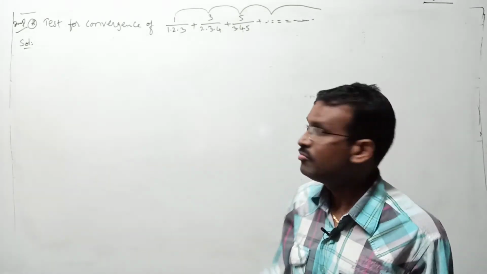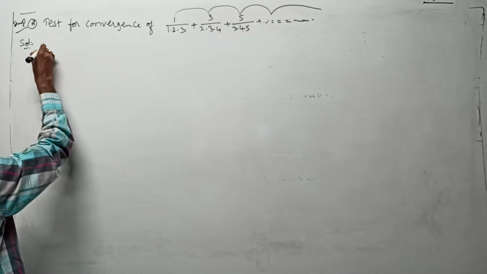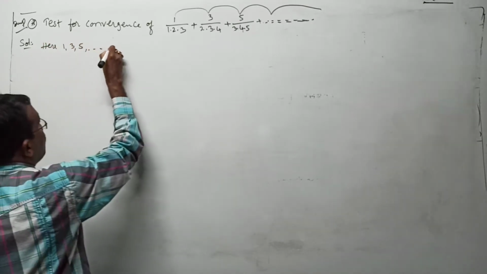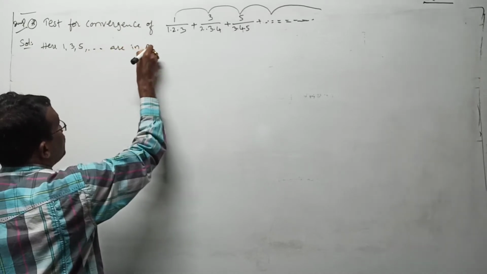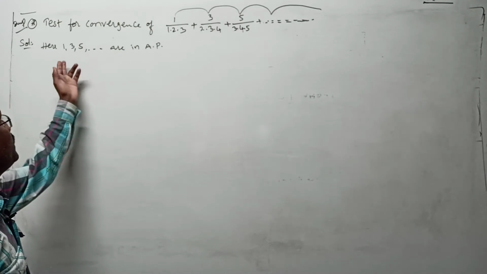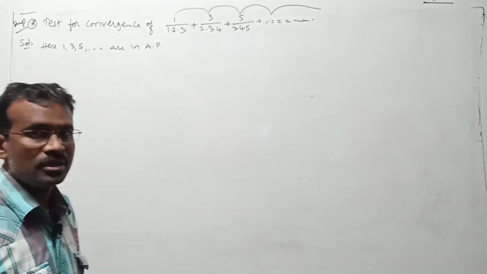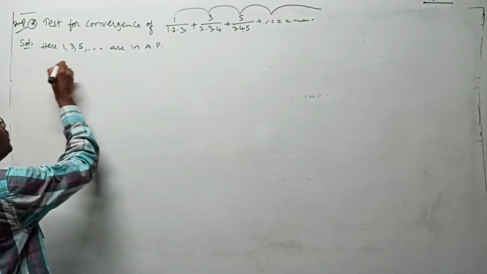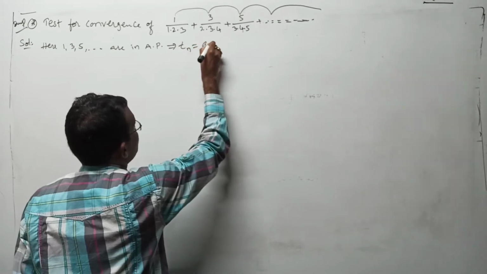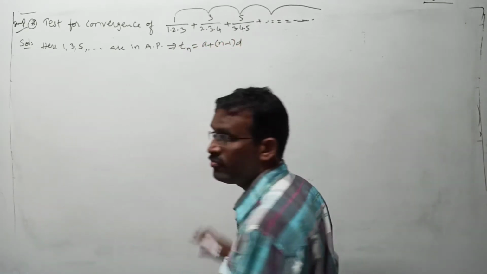First I am doing the numerator. Here 1, 3, 5 and so on are in AP, arithmetic progression. What about the nth term in AP? A plus n minus 1 into d, you know, I think. Generally we can write the nth term as Tn is equal to A plus n minus 1 into d. This formula you know, the nth term formula.